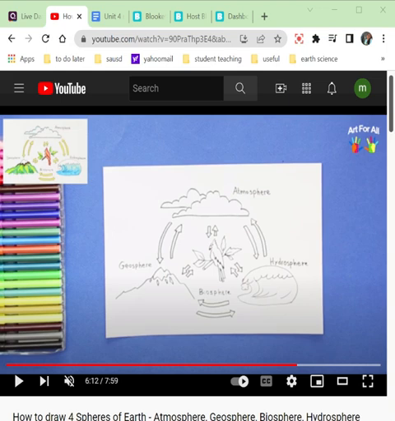Different metals. We spent like 2 or 3 units on the geosphere. So this is where all the units kind of come together, and we kind of see how they interact with each other. Sand, even the Earth's core and the mantle, like the flowing lava underneath, all part of the geosphere.